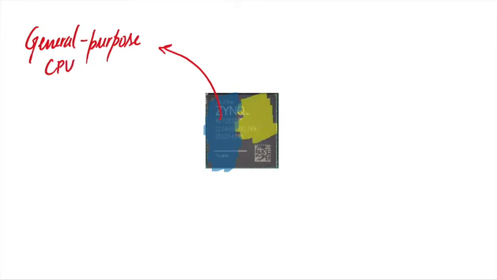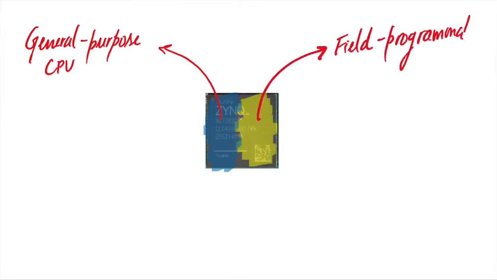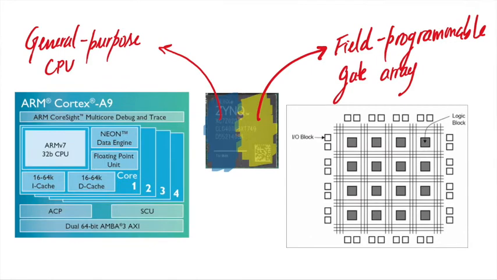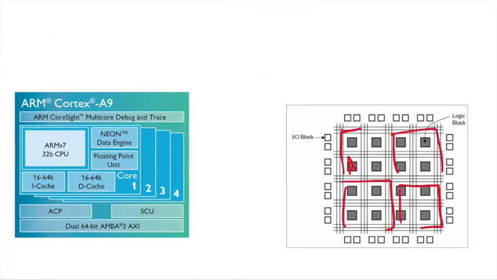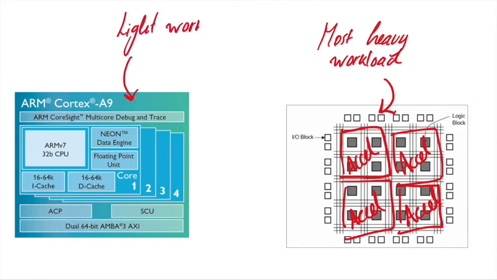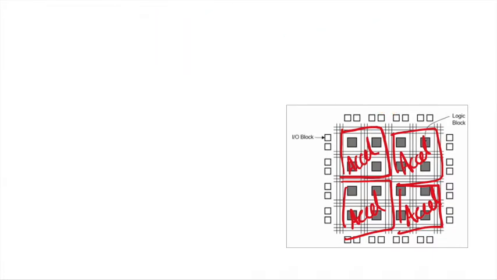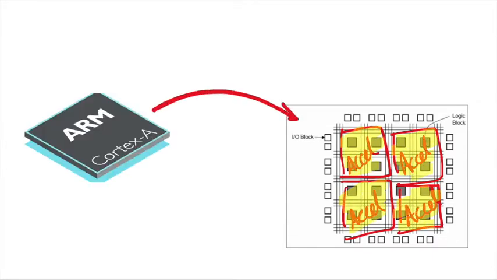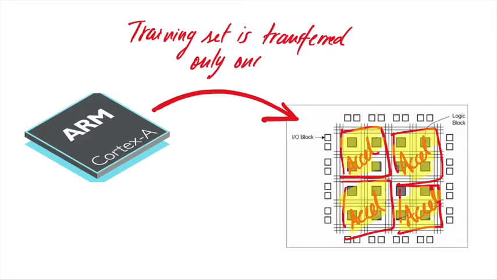In the reconfigurable logic there are one or several accelerators that execute the most time-consuming parts of the KNN algorithm. The lighter parts of KNN remain being processed by the CPU, which is also responsible for managing the accelerators. Field-programmable gate arrays are energy-efficient devices. Since the most intensive parts of KNN are executed in the reconfigurable logic of the SoC, energy efficiency increases significantly.